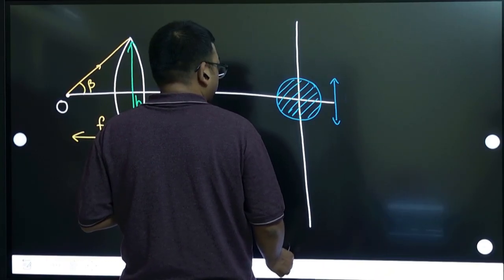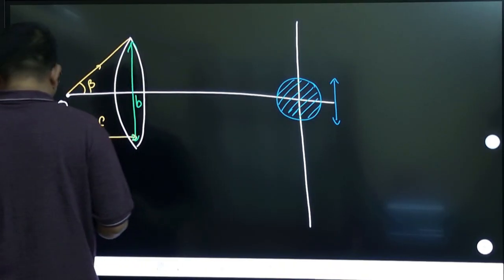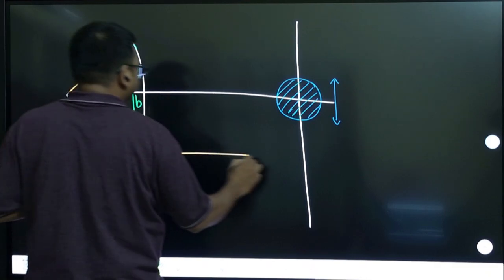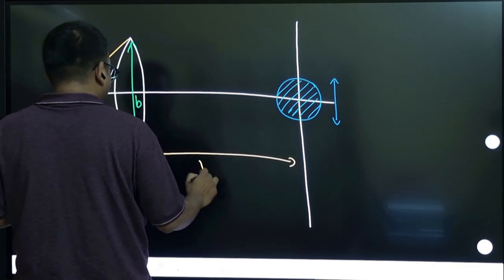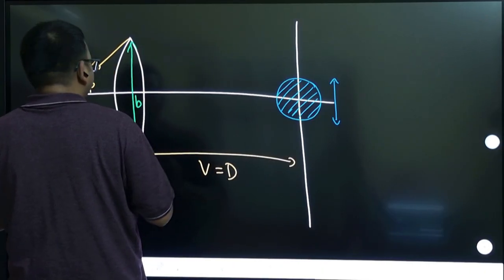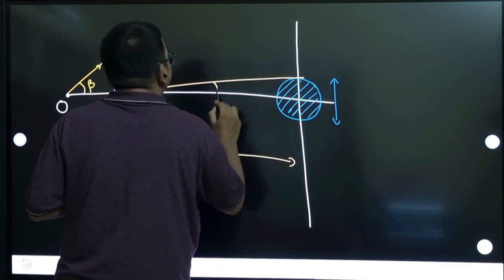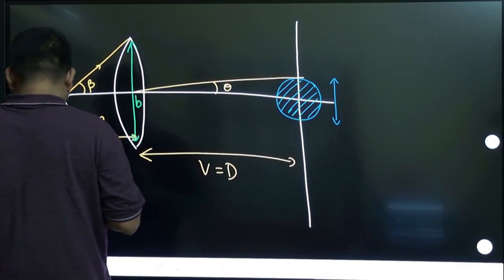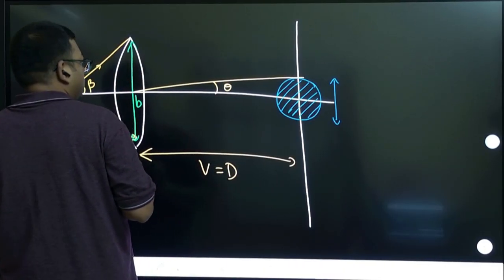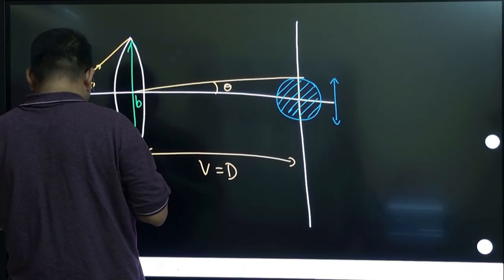Let us see how much it will come. First consider this is the object distance, then this is the image distance v. This v we can take as capital D, and here is the half angular position theta, and the image is formed like a spot because of this diffraction.